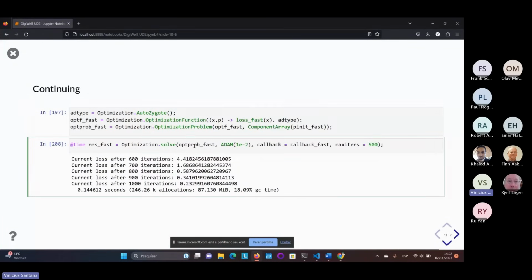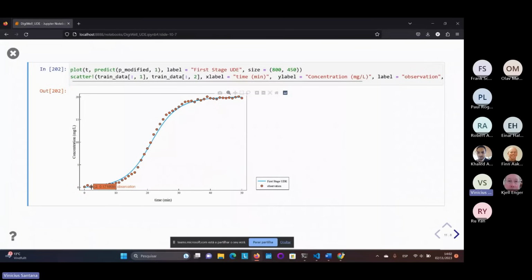So if you see here, I'm doing 500 iterations, and I'm able to get it done in less than a second, in 0.14 seconds. And if I take these parameters now and run them inside of my UDE, I can see that with this warm start, I'm able to get a really decent estimation of what would be the predicted liquid phase concentration.